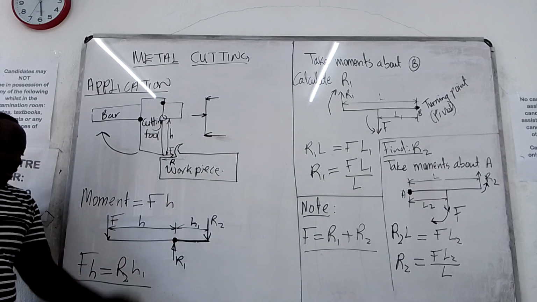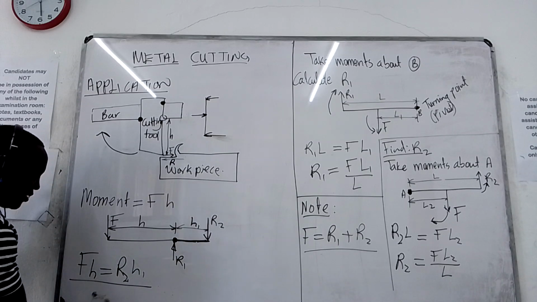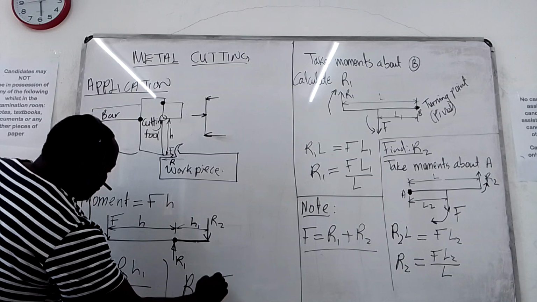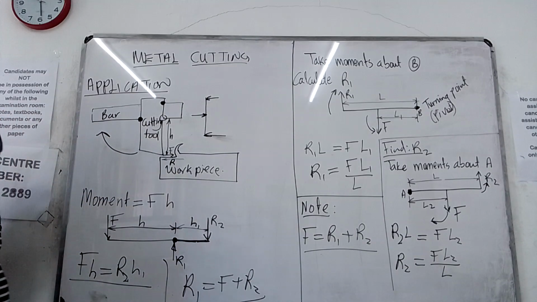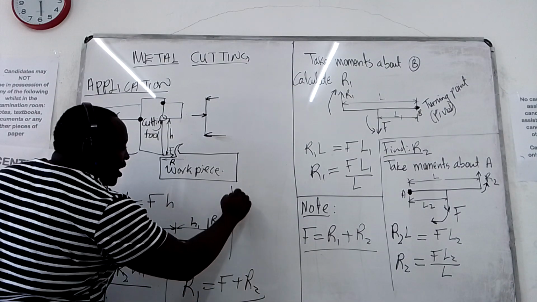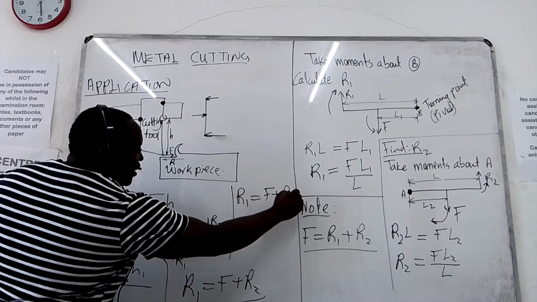Then your R1 is equal to F plus R2. Okay? In case you can't see, R1 is equal to F plus R2.